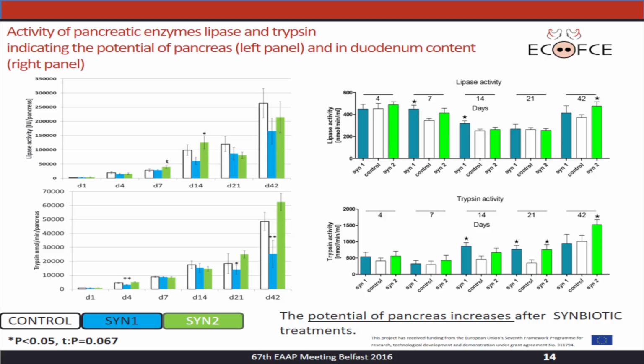Okay, so there is some transient effect which is observed for the lipase at day 7 and day 14, where we observe the higher activity of lipase after symbiotic 2 injection, but the picture is more clear in duodenum, where for both pancreatic enzymes, the lipase and the trypsin, activity is elevated after both symbiotic treatments.